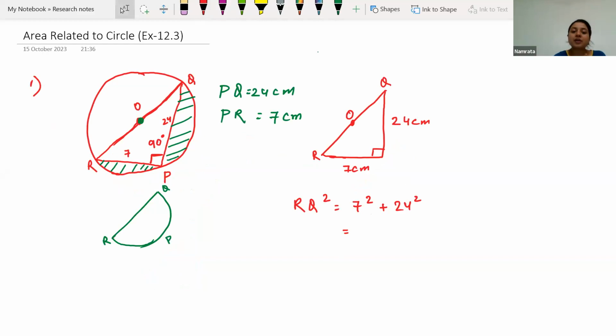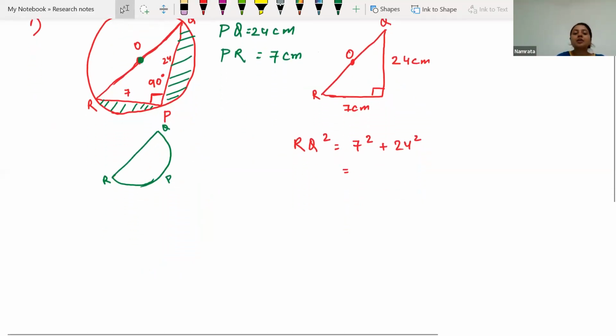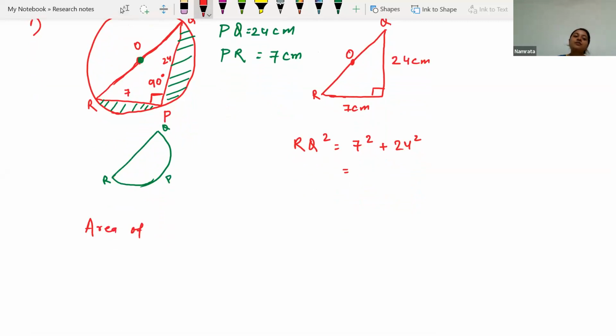Now, after getting the diameter RQ, can we say area of shaded region is equal to area of semicircle.